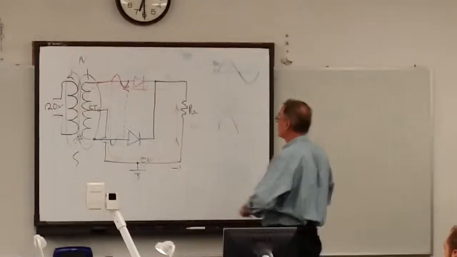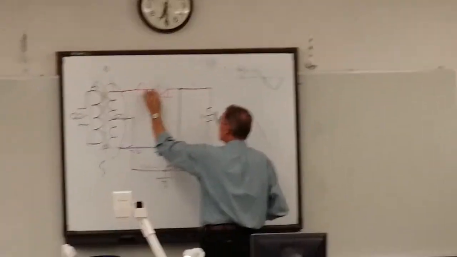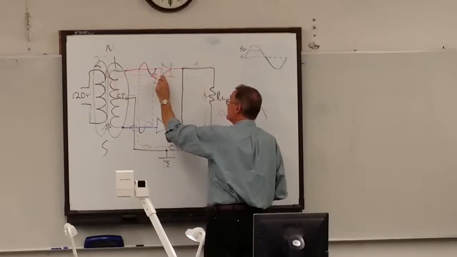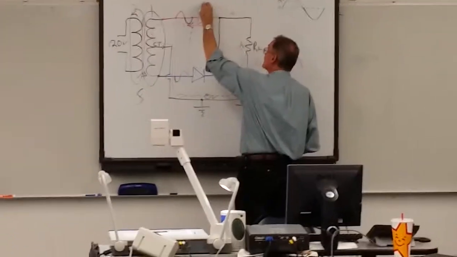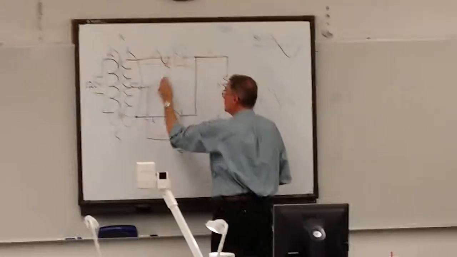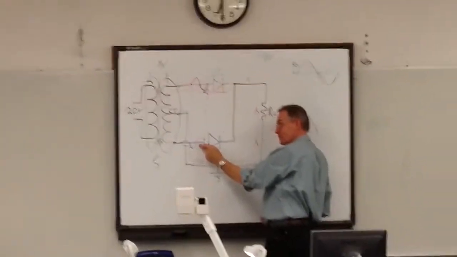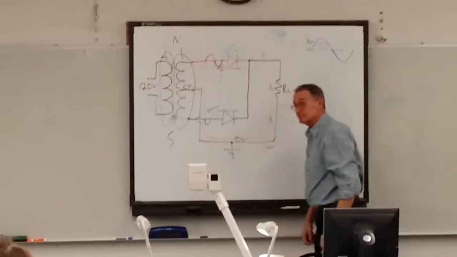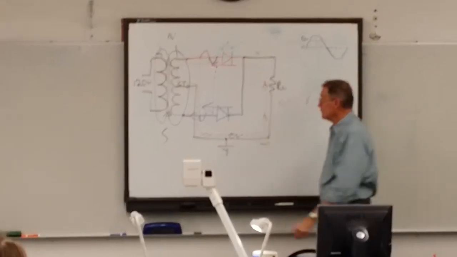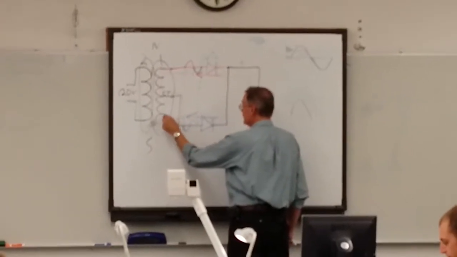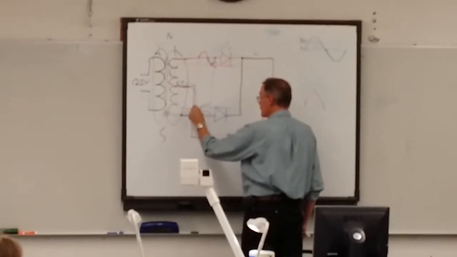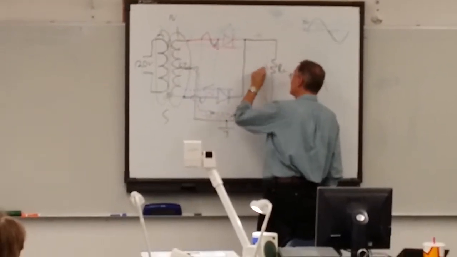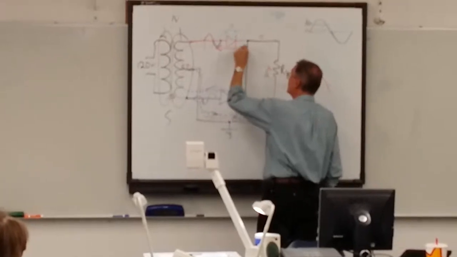Now let's look at whenever it goes negative. Now during this time, this diode is off. It's an open circuit. And when this is negative, what happens down here? Positive. So we know current's going to flow in that direction against the arrow, right? When it's on. So here's our path. Watch carefully. Notice I'm going down. Going up through there.